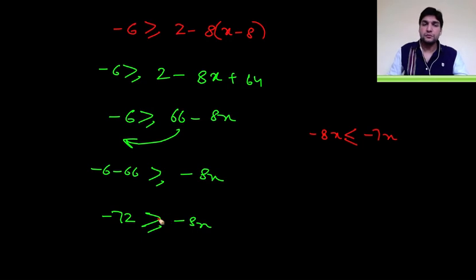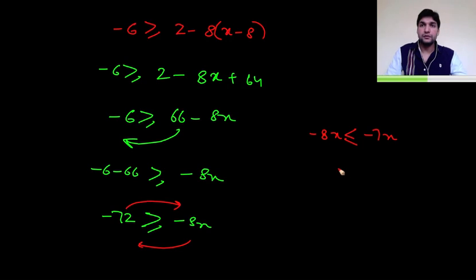Or you can simply stick with it, because if minus 8x is less than or equal to, the opposite sign is the greater than sign, so you will put this. Or you can simply switch it when you're reversing. This is very common sense. I'm just moving this minus 8x here and this minus 72 here. This pointed term means lesser than, so minus 8x is lesser than, so I'm just simply writing that.